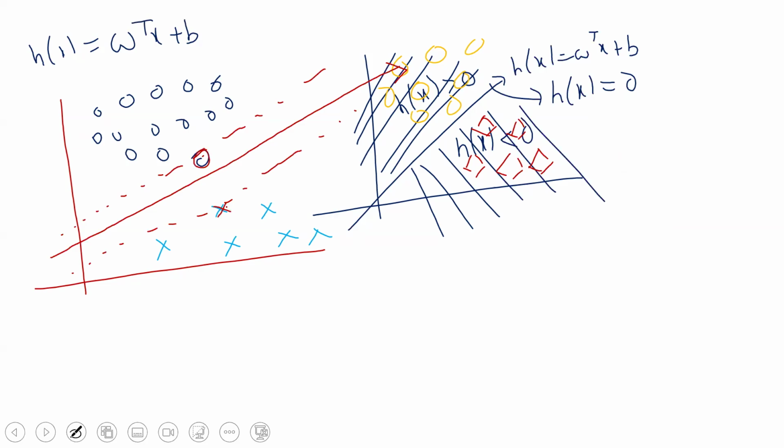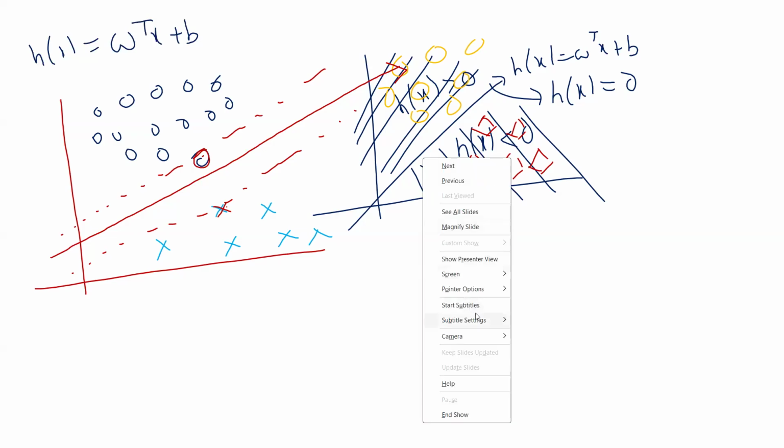So in support vector machines, this is a hard margin classifier, because we are not allowing any misclassification at this point, just to understand a separable case. So here the data is linearly separable, right? So you can separate this data linearly. You don't need to bother about soft margin for now.